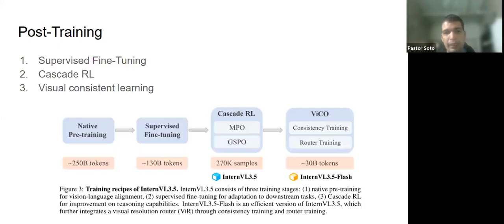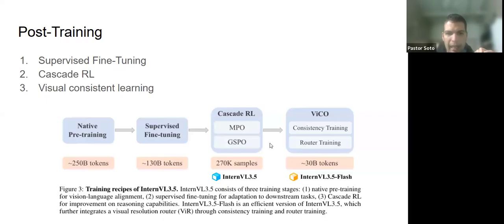Okay, the post-training stage, and this is the secret sauce of this paper. The post-training has 3 phases that we are going to go one by one: the supervised fine-tuning, the cascade reinforcement learning, and the visual consistent learning.